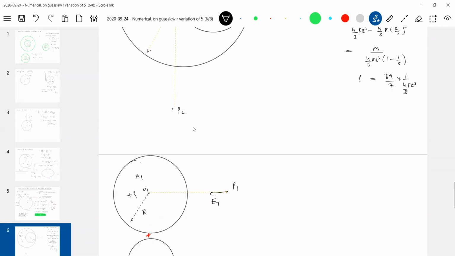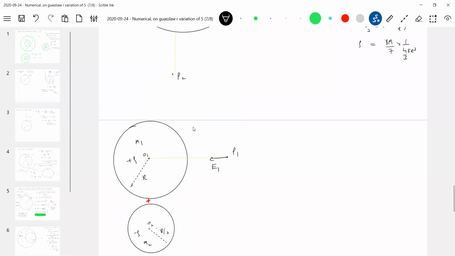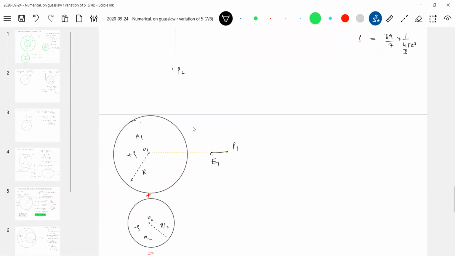What is the density of this? 8m/7 over 4/3 pi r cube. So M1 is equal to rho into 4/3 pi r cube, which is 8m/7, with the 4/3 pi r cube canceling out. What is M2? Rho, this having negative density, into 4/3 pi (r/2) whole cube. So this will become minus m/7.